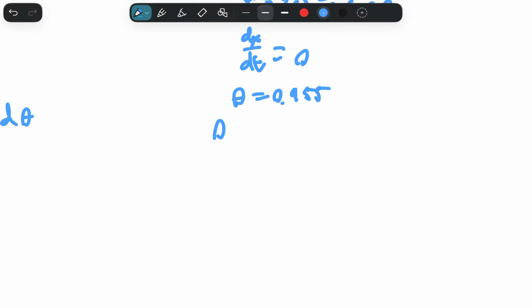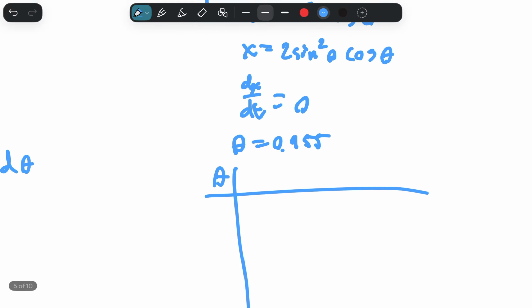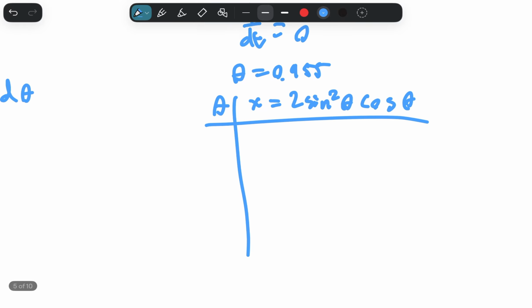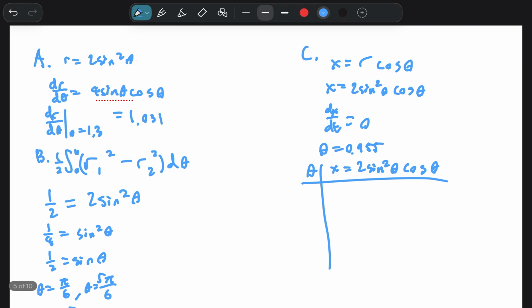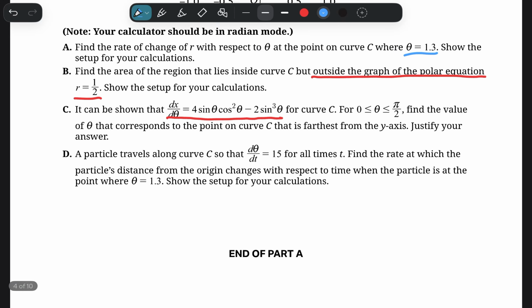So we can say θ, I'm just gonna make another table here, and x of θ. We know that x is equal to 2 sine squared θ cosine θ, and we have to have our two endpoints, right? The question says the two endpoints are 0 and π/2.